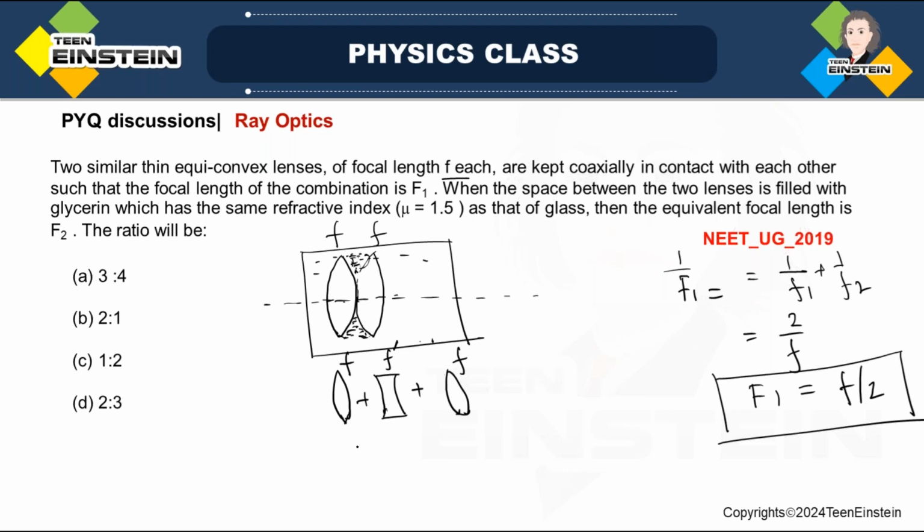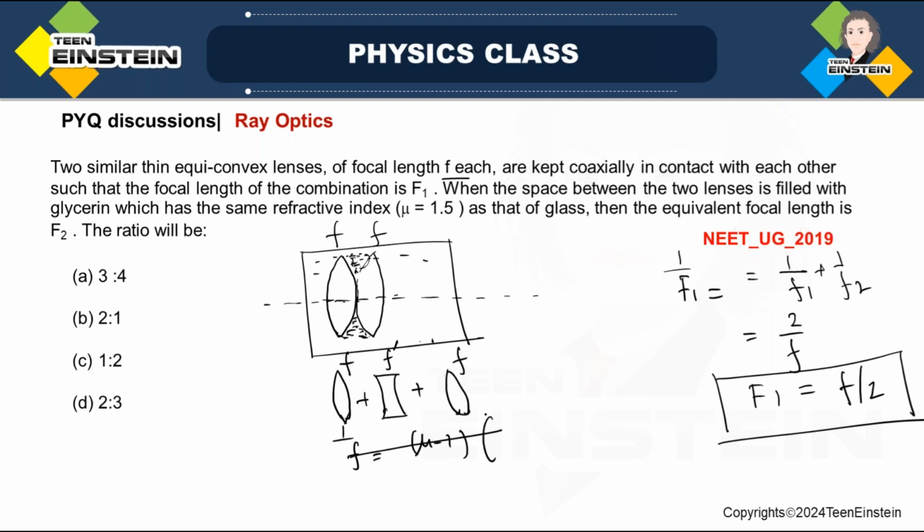Say for this, 1 over f is mu minus 1, same refractive index. So the glycerin also has the same refractive index, and all of them have the same radii of curvature also.